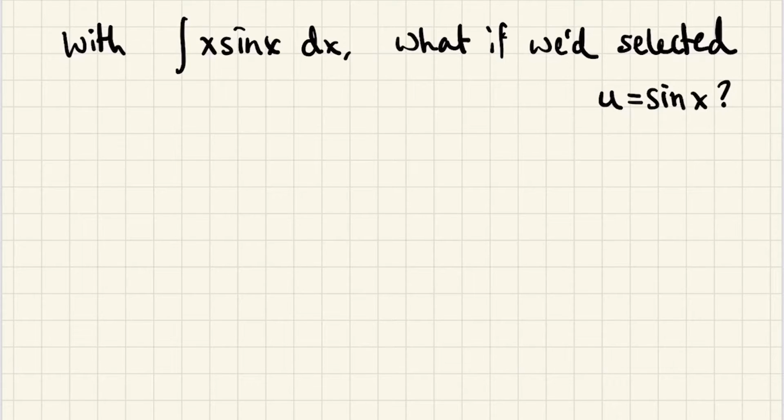With our last example, we successfully solved it by using integration by parts and letting u equal x. But what if at the very beginning of that problem we'd instead let u equal sine of x, which is another factor and perfectly eligible to be u? Well, let's just see how this would play out. We're going to go u equals sine of x.